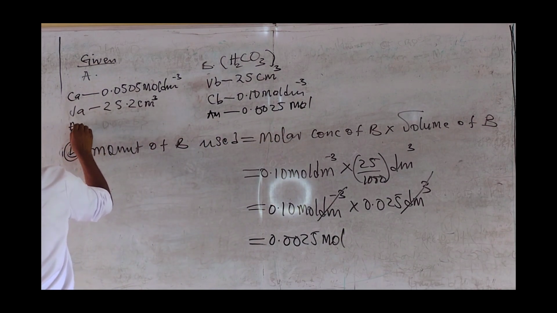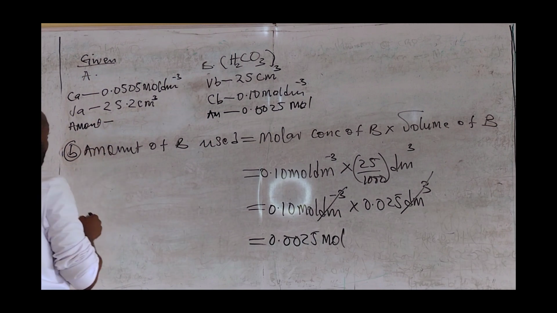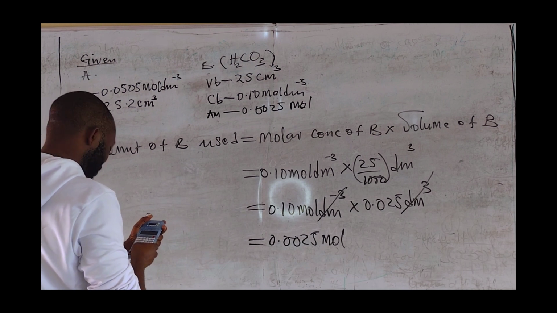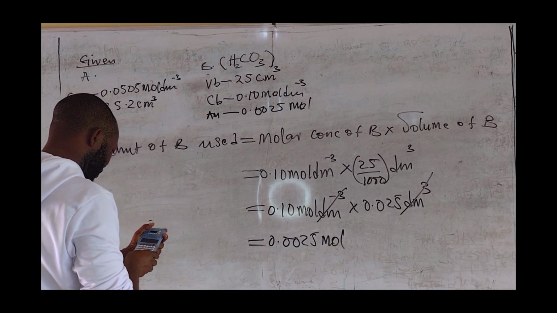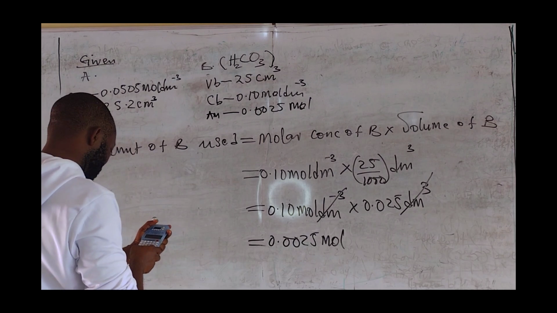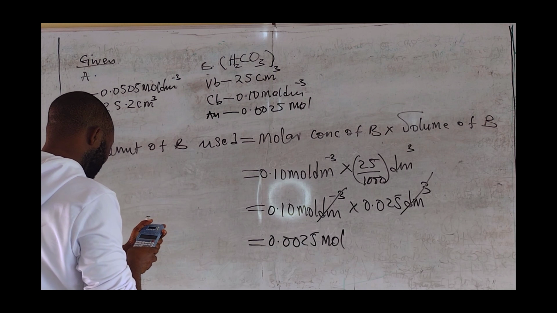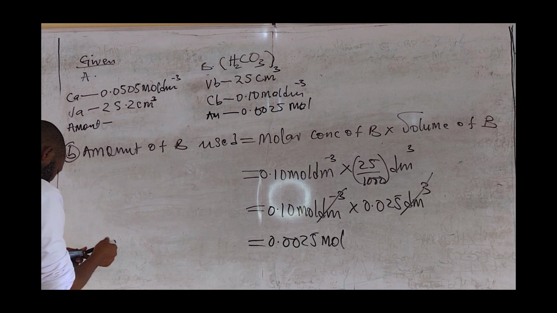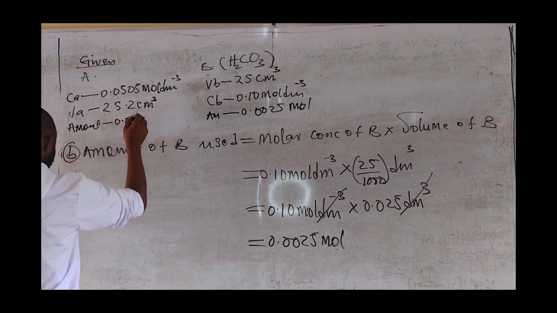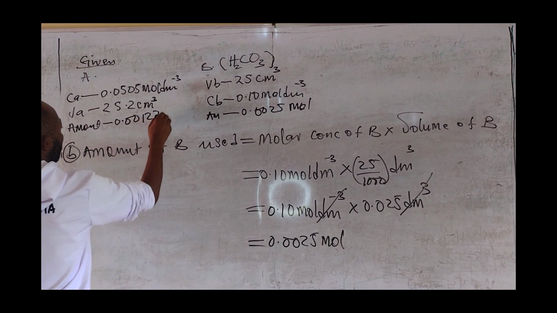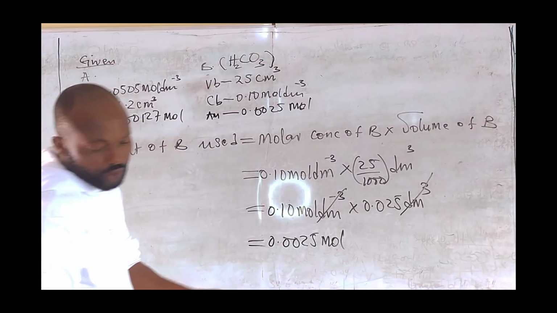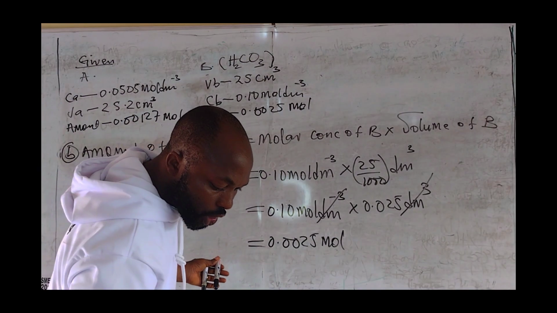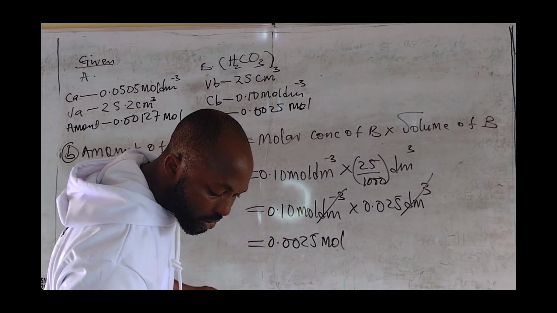Amount of acid is, let me check that quickly, 0.0252 divided by 1 times 0.0505 is 0.00127 mole. Yes. So now they say we should calculate the mole ratio of acid to base.